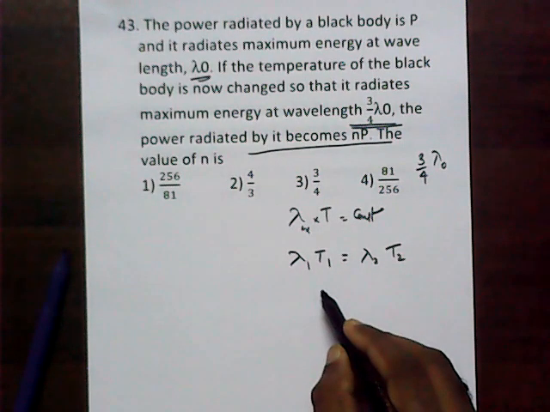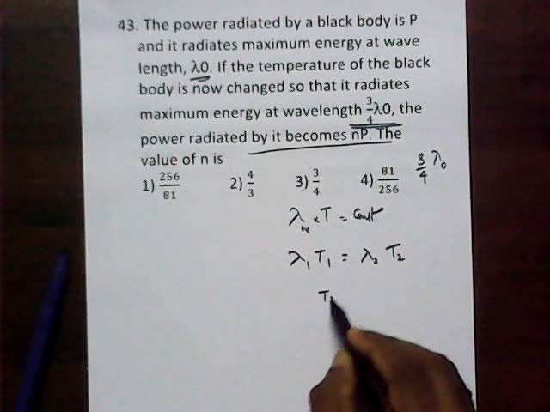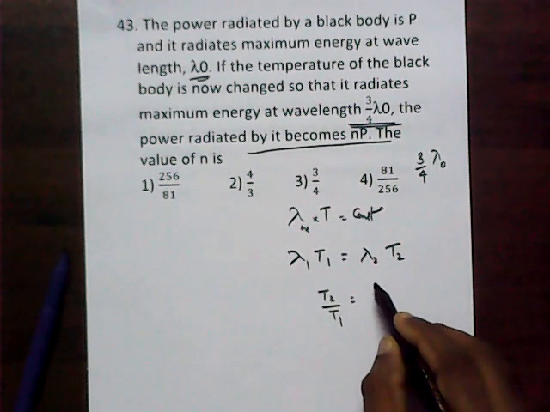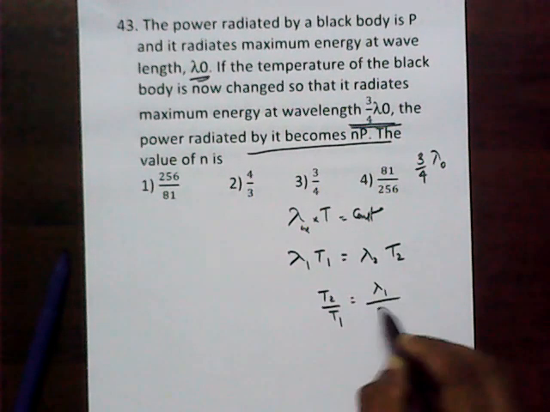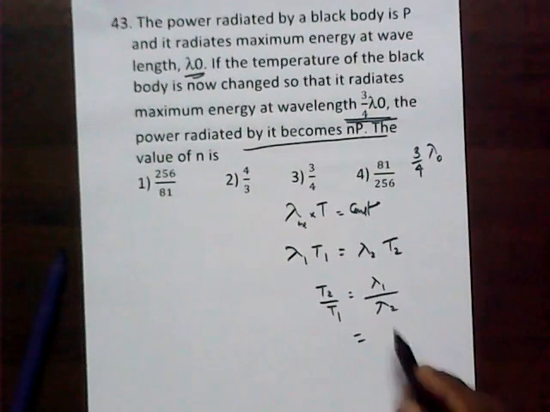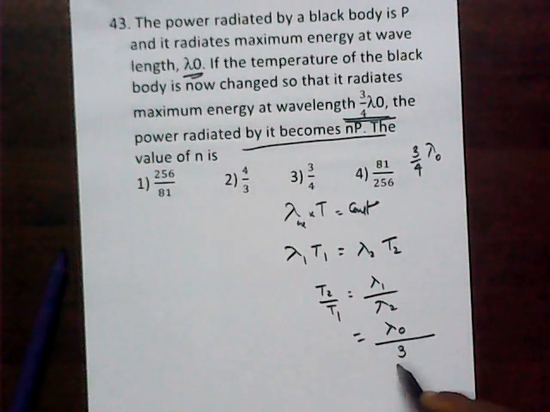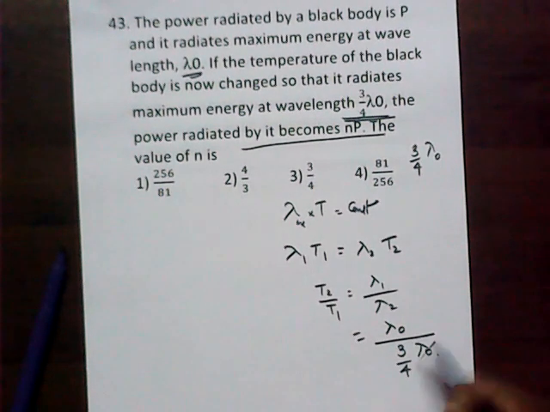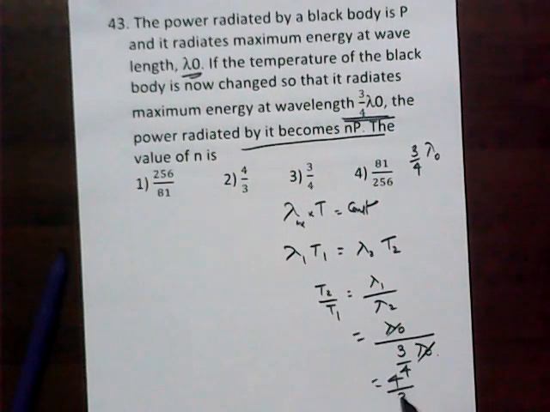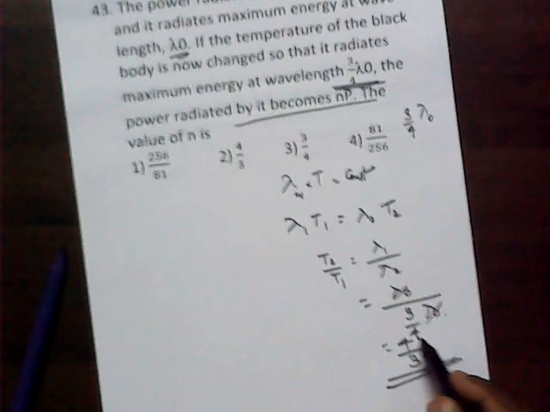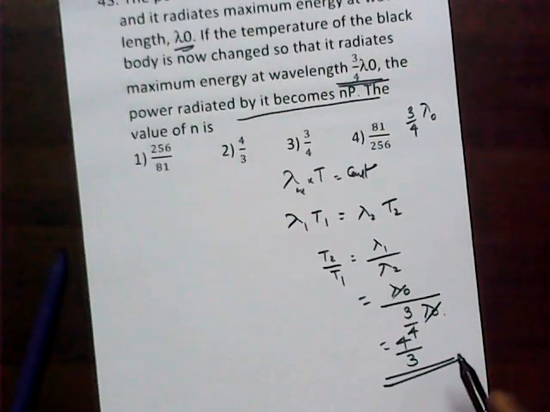That is nothing but T2 by T1, equal to lambda 1 by lambda 2. So what is lambda 2? Lambda 2 is given as 3 by 4 lambda 0. So you get the value as 4 by 3. So T2 by T1 takes the value 4 by 3.